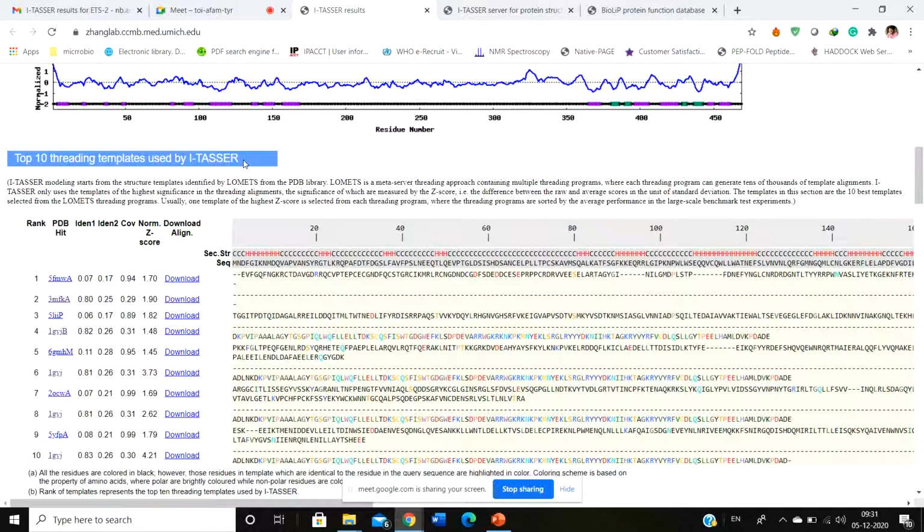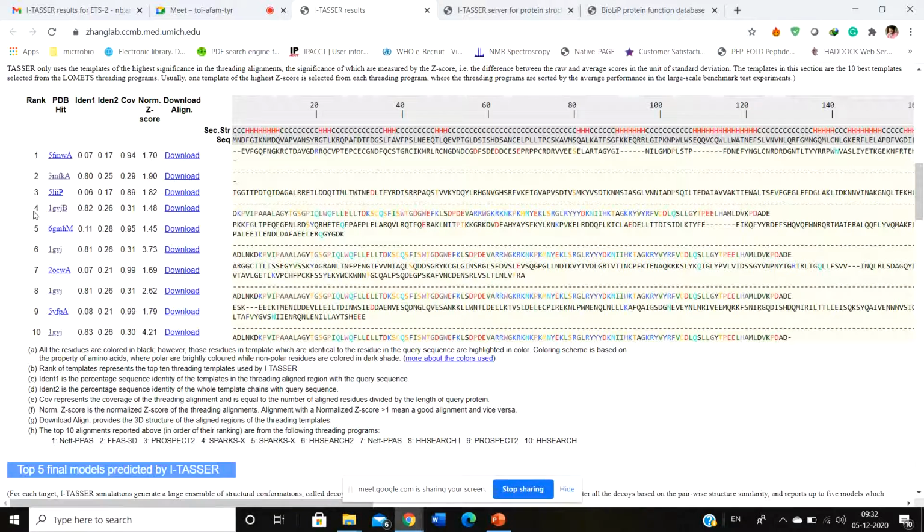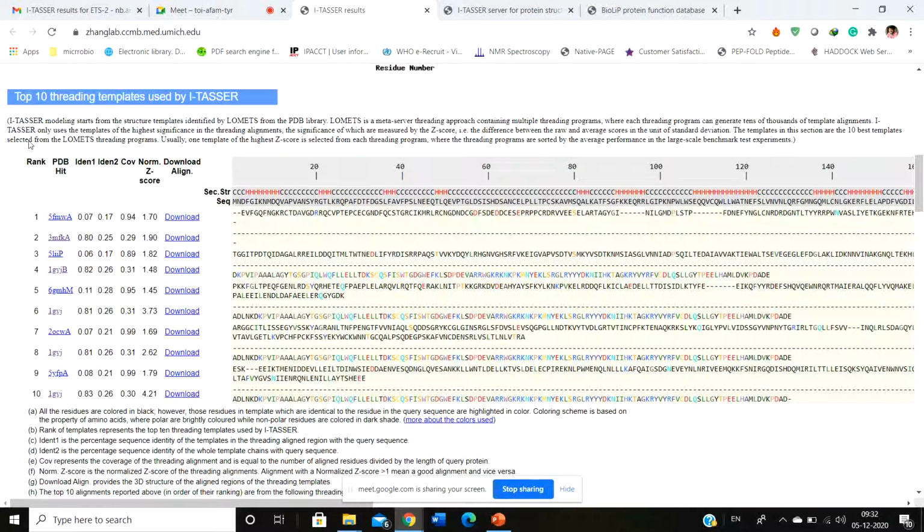Yes, template proteins, but not only template proteins, also identifying the motifs, not the whole protein, but even the motifs. So it tells you that these are the templates this particular server has used to predict your protein structure.